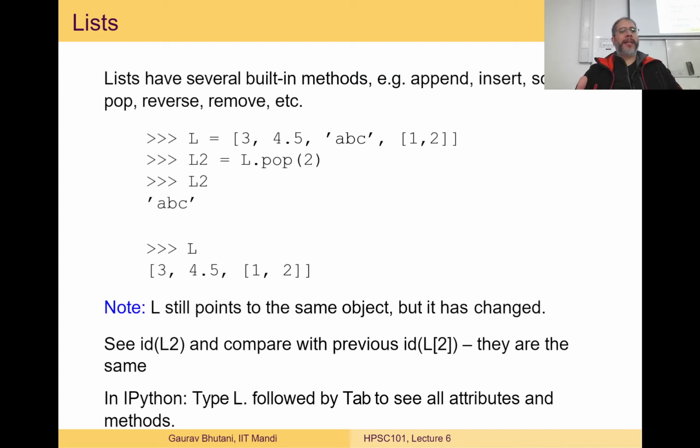So list being a class has member functions. I've just included one here called pop. Pop is to take it out. So L is a list here which has 4 items, and if I say L2 is equal to L dot pop of 2, so the index 2 refers to the 3rd item in L, which is ABC. So L dot pop of 2 basically takes the item ABC out of L. And where do you want to put it?